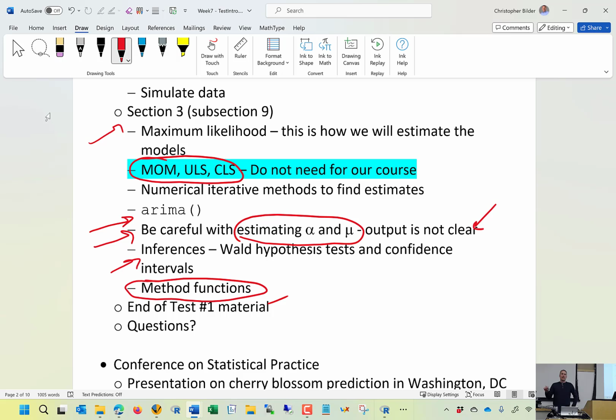Now, we will have another Tuesday class before we have test number 1, but that material will not be on test number 1. It doesn't mean you should put off looking at that material as we go along. It's not going to be on test number 1. Okay, so that was a brief review. Are there any questions regarding the corresponding material?